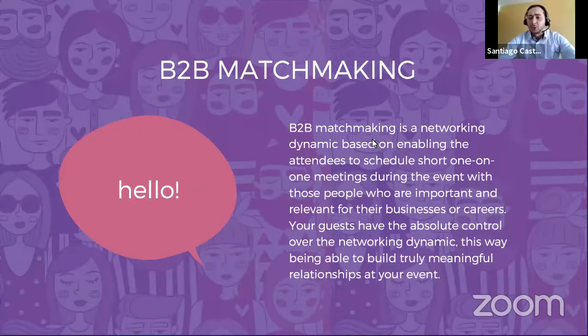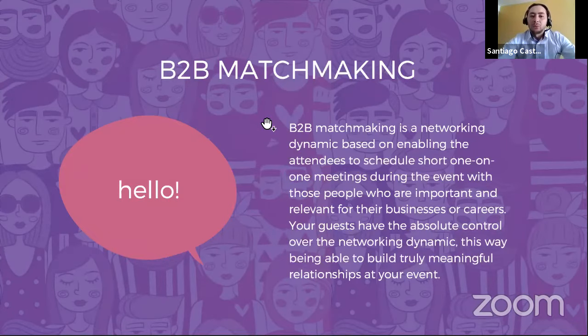Of course, they have the absolute control, but at the same time you can oversee all of this, and you can actually do some things for them if you see that they are not behaving the way that you want them to, in the sense of making the meetings, accepting, rejecting, etc. And I'll teach you how you can do that.